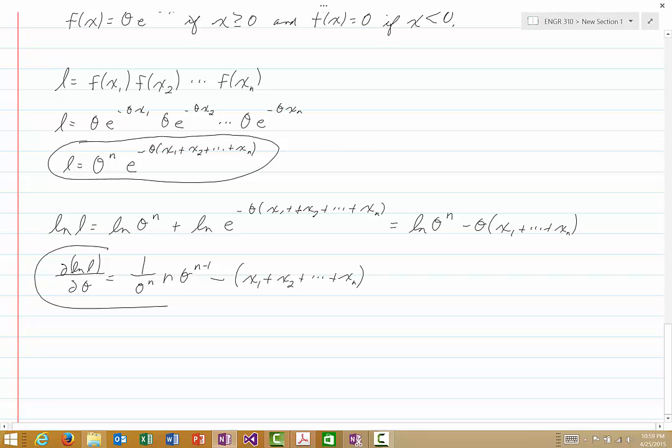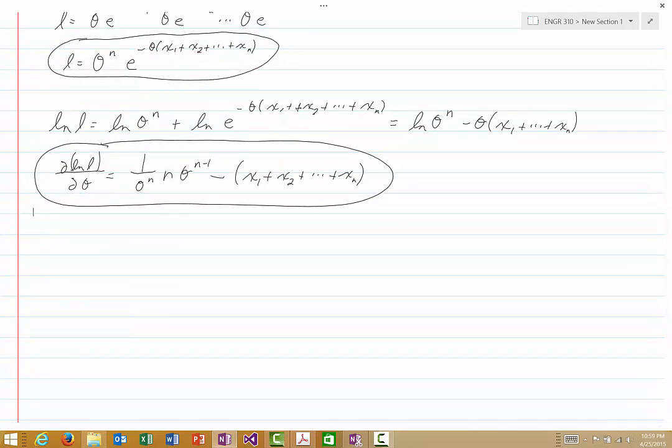And that completes step 3, which is finding the partial derivative with respect to theta of the logarithm of the likelihood function. And now remember that the final step is to find theta hat by replacing theta with theta hat and setting this equal to 0.